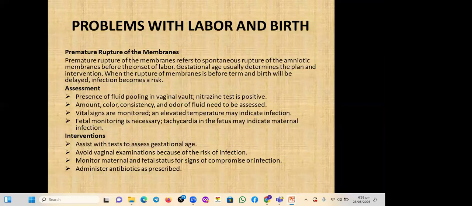What should you do when the membranes rupture? What are some of the interventions? What do you monitor? What actions do you take for someone who ruptures the membranes?